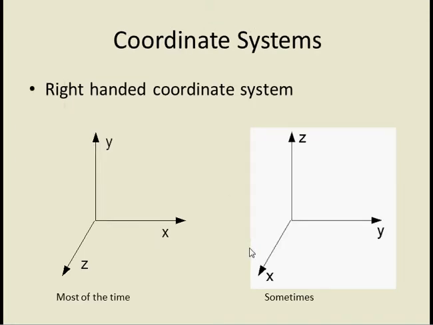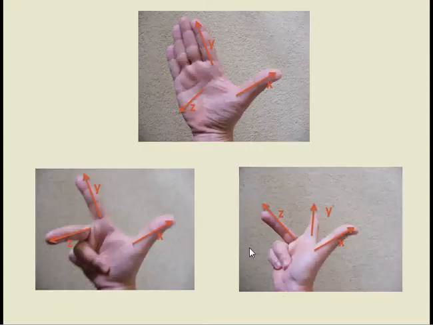I just want to explain this right-hand coordinate system. It's convention that we always draw it according to the right hand. If you imagine that your thumb is the x-axis, your first finger, pointer finger, is your y-axis, then the direction that your palm pushes is where the z-axis will be.